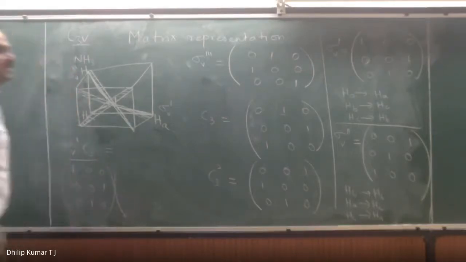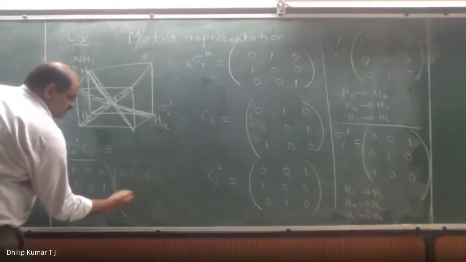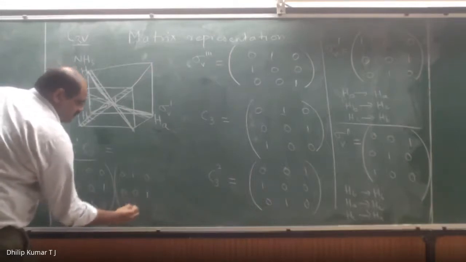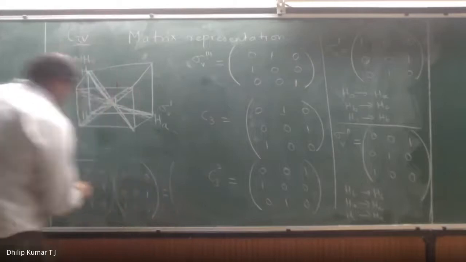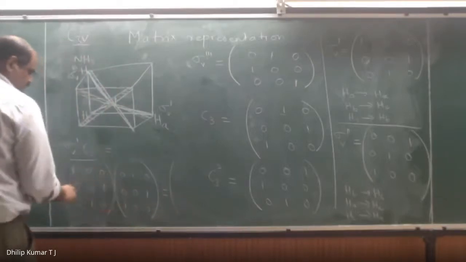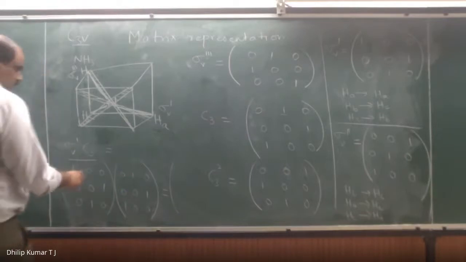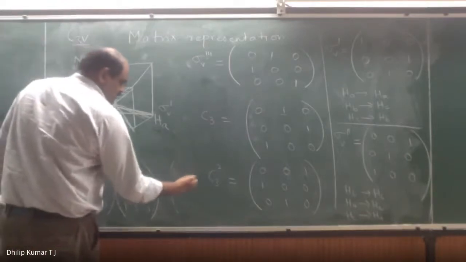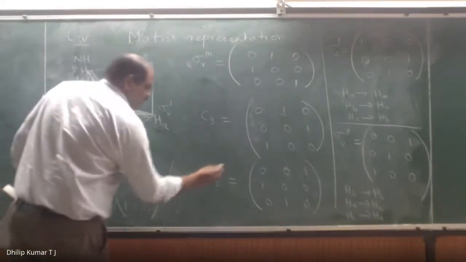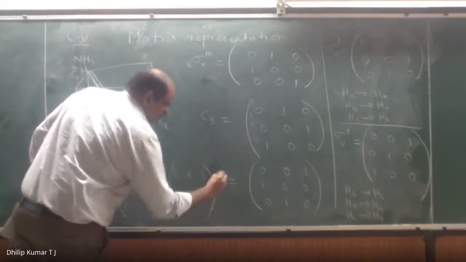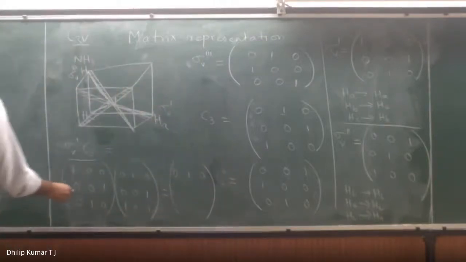So this is sigma V prime. C3 is 0, 1, 0, 0, 0, 1, 1, 0, 0. So take the product of the matrices, 1 into 0, 0, 0, this into this. Okay, this into this, 1 you get. And 0. Now you multiply this with this.